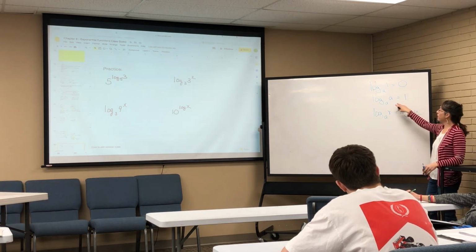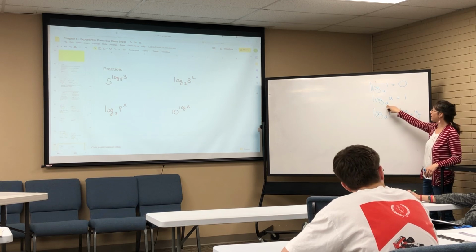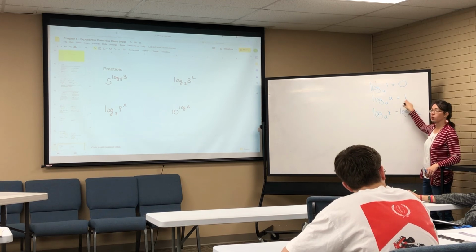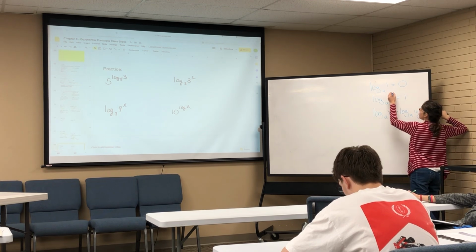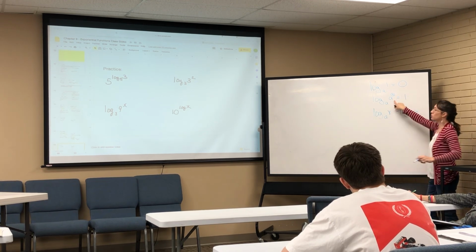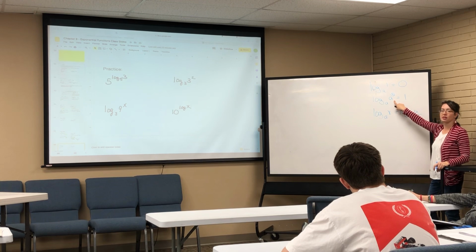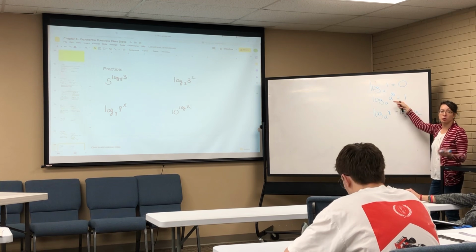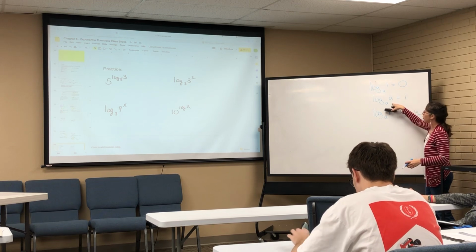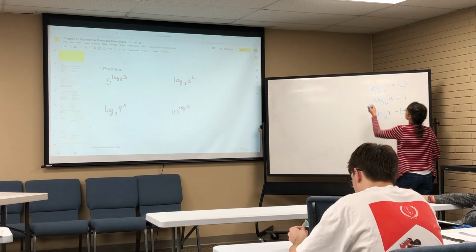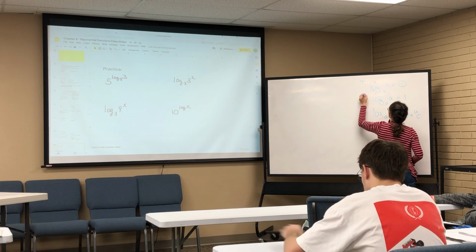For the second rule, we've just expanded. Instead of saying log base a of a equals 1, we're now saying if there's an exponent up here, it equals the exponent. Because what really is the exponent when you don't see it? It's really 1. So all we've done is expanded our second rule of logarithms.